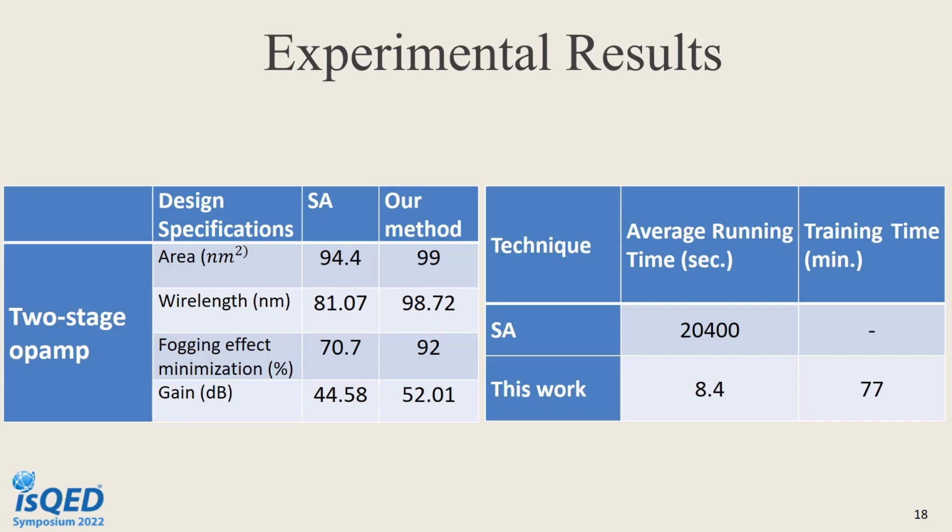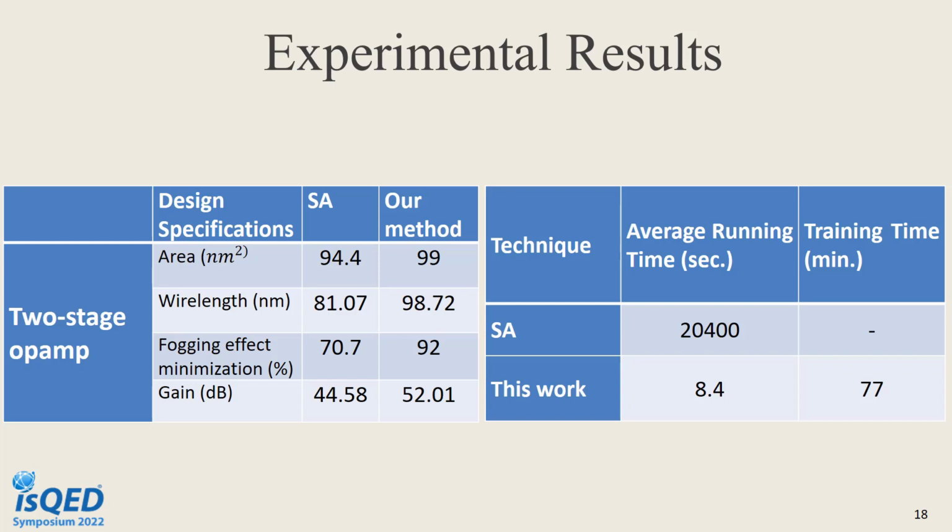That is much better than the simulated annealing method. Because of that, in our method the DC gain of the 2-stage op-amp is 52 rather than 44.58 in the simulated annealing method. So as you can see here, the performance of our method is much better than the simulated annealing.